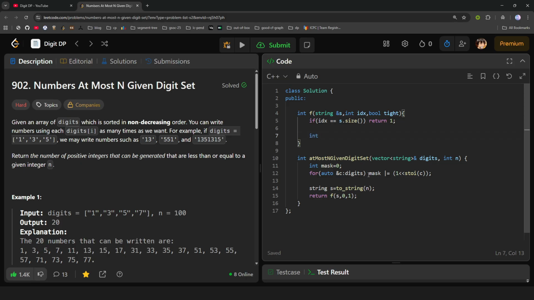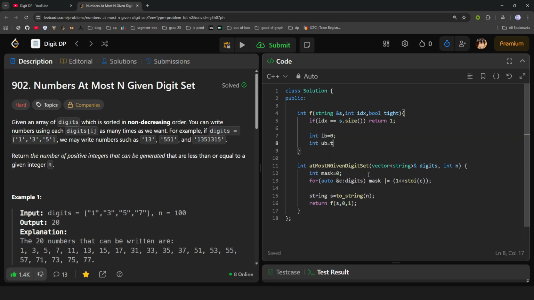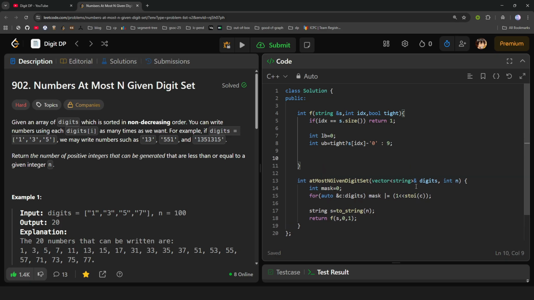So here we have to select for the current block what digits we can fill it with. The lower bound will be 0, and the upper bound will be decided by the value of type. If the value of type is true, then we can go in this range, otherwise it will be 9, right? And that's why you have to iterate over each and every possibility here, starting from the lower bound and going all the way to the upper bound.